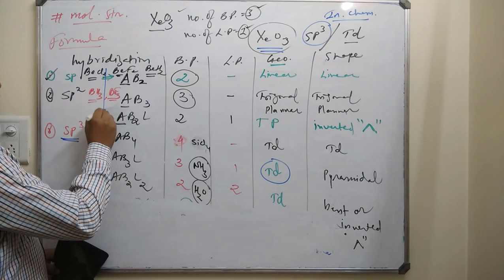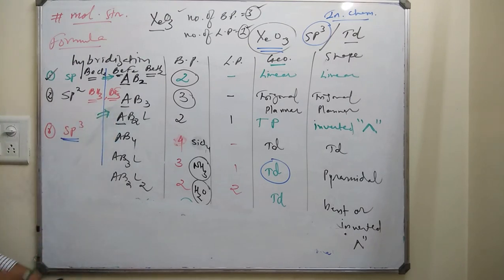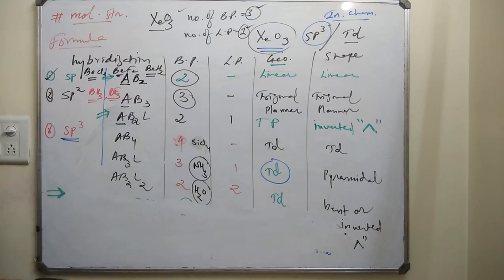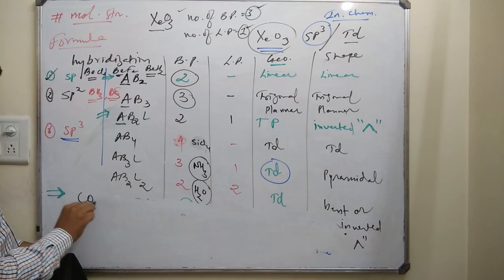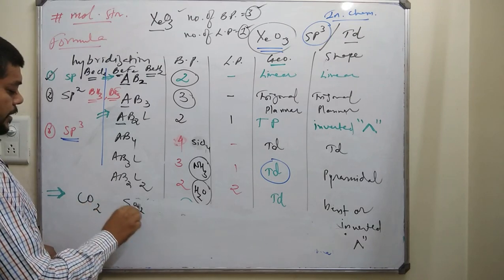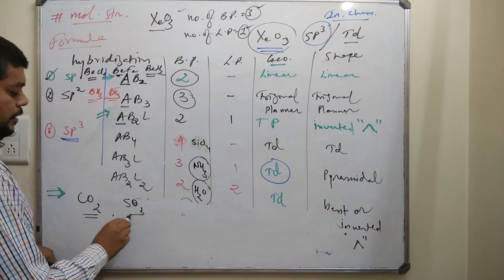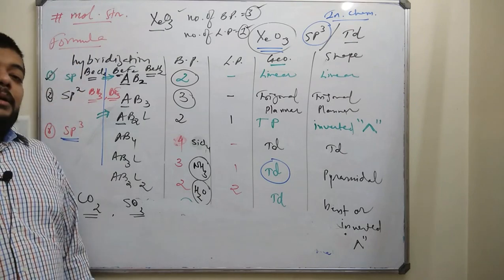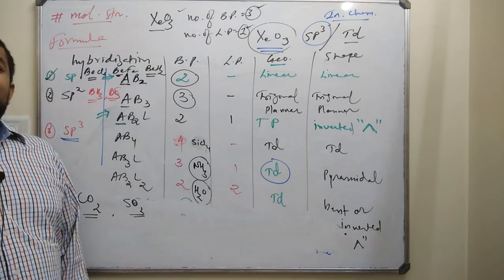Friends, whenever I discuss AB2L, I always discuss a question that has been asked several times: do CO2 and SO2 have the same shape, the same number of bond pairs, the same number of lone pairs? And when you solve, you will get an idea. And this will help us answer the application part, that is isostructural and isoelectronic.